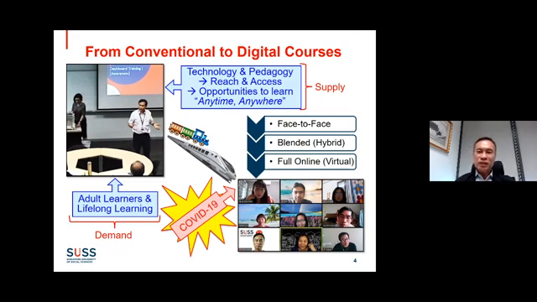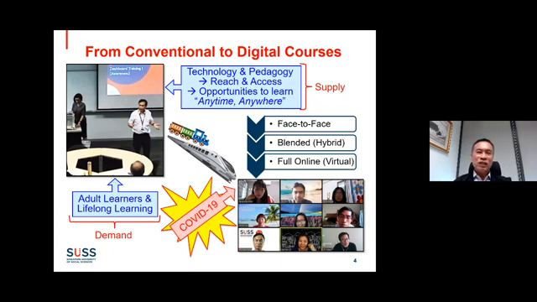The movement from conventional courses to digital courses is like a slow train in the last 2 decades or so. And we can explain this move from conventional to digital courses by looking at factors from the supply and the demand side. On the supply side, we have advances in technology.